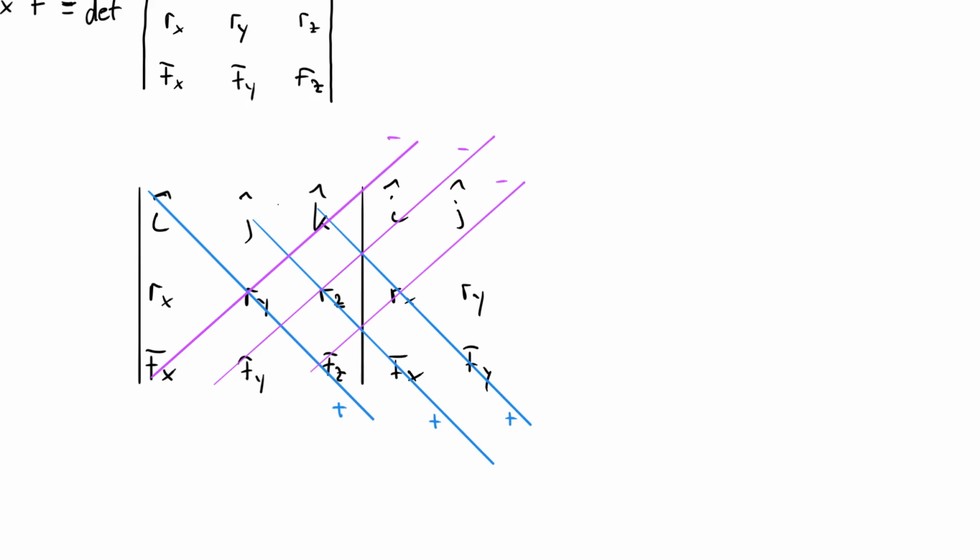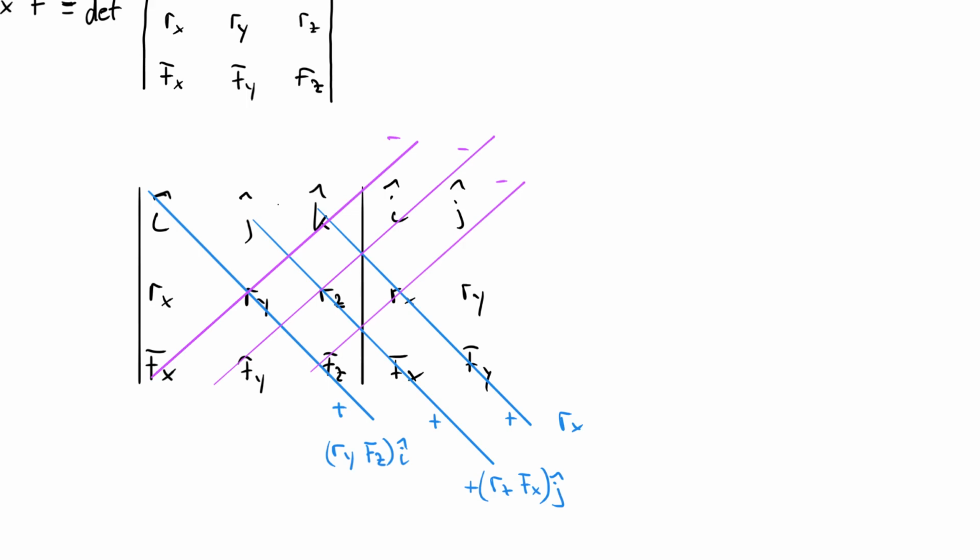So for example, here I have Ry, Fz multiplied, and this is my positive I component. And I have Rz, Fx, which is my positive J component.